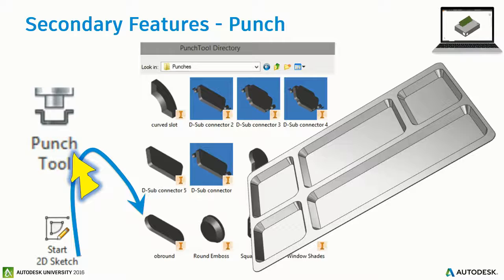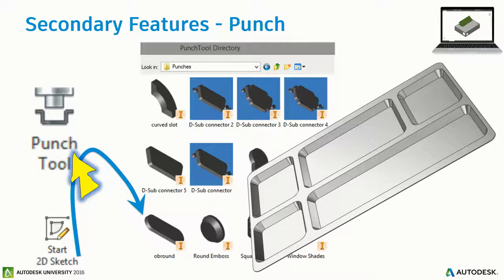So for punch, you need to prepare a 2D sketch first, with center marks and center points prepared. Then click the punch tool, and you will be navigated to the punch library.